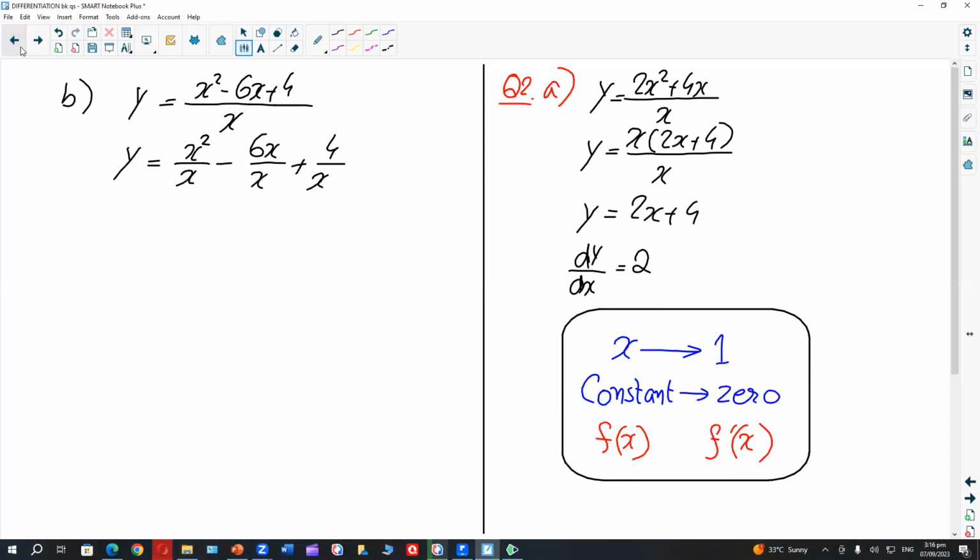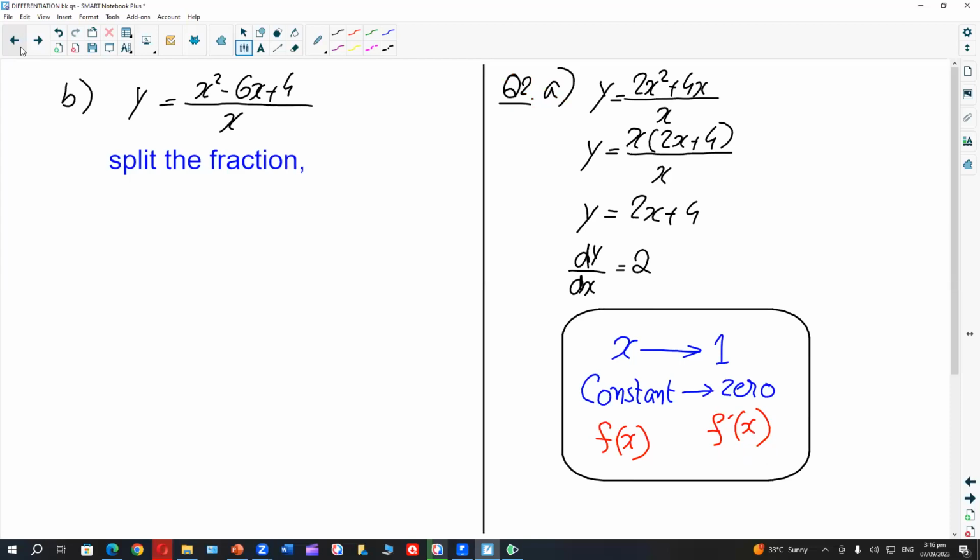Now look at this question. Part B. There is a common denominator x square minus 6x plus 4.